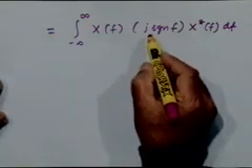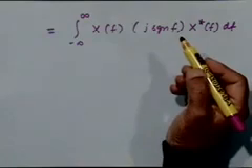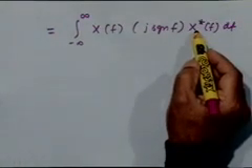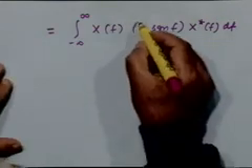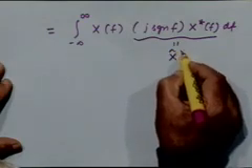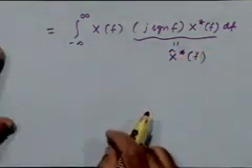Minus j signum f becomes plus j signum f because of the conjugation operation, right? X(f) becomes X conjugate f because of the conjugate operation. I have substituted for this, right?